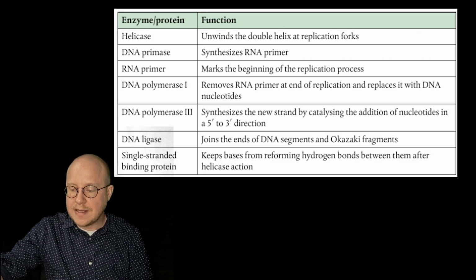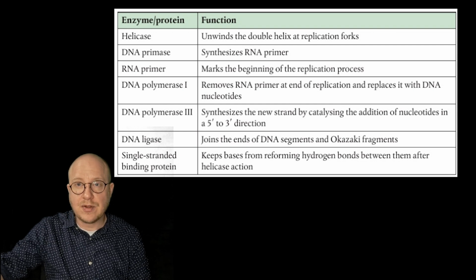Helicase unwinds the double helix at replication forks. DNA primase synthesizes RNA primer. RNA primer marks the beginning of the replication process. DNA polymerase 1 removes RNA primer at end of replication and replaces it with DNA nucleotides.